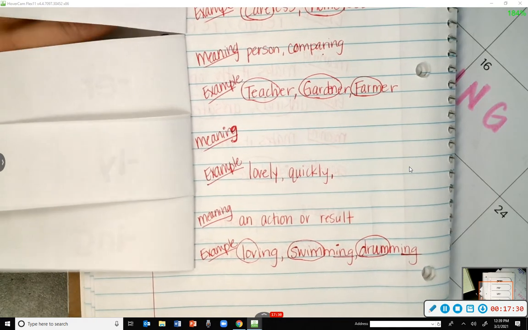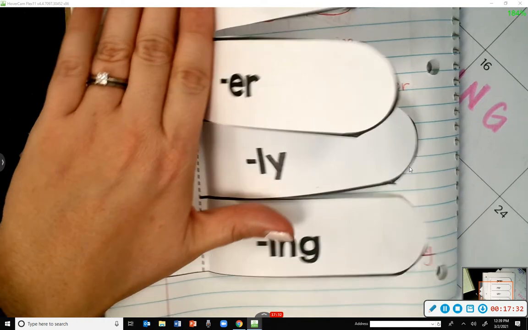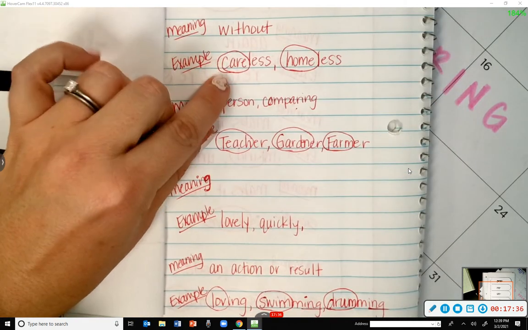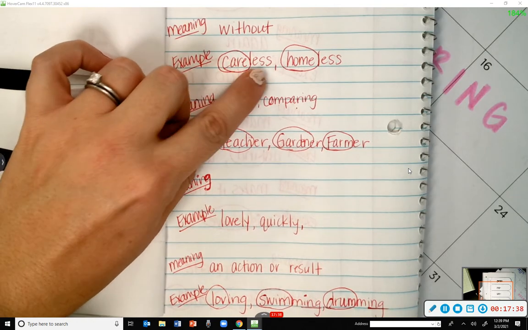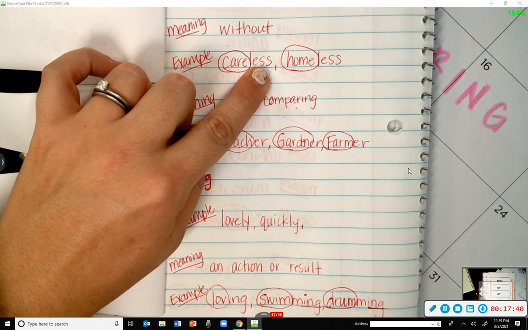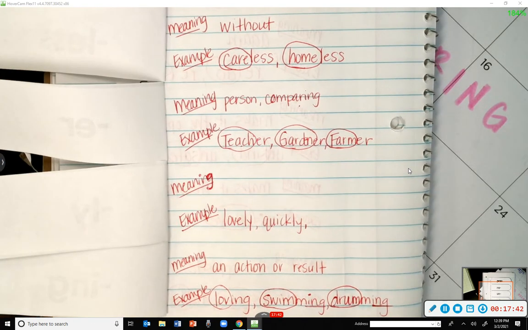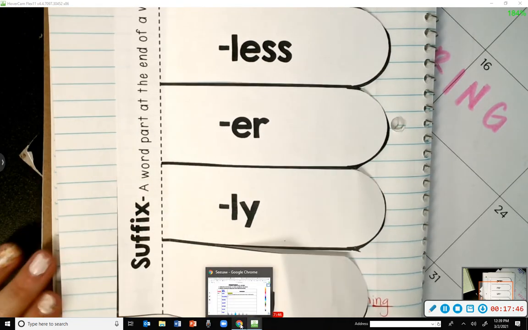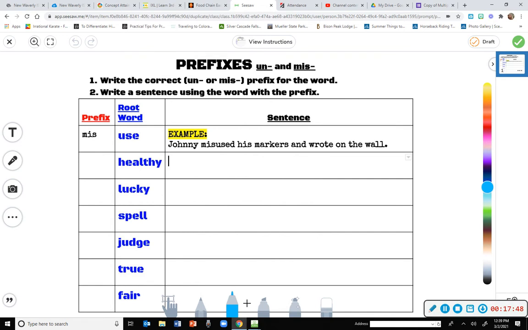It can help us when we're reading know what words mean, because you might know what the root word means, like care, but then when you add less to it, it changes the meaning. Okay? So now what you're going to do, bless you, you're going to get on Seesaw, and the only thing we're focusing on today are prefixes. So prefixes go where?